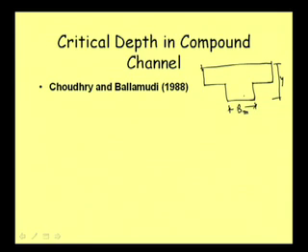And we always know that in a compound channel, when the depth of flow or the discharge is less, the flow will be flowing through the main channel. Flow concentration is always in the central part, and on the sides the flow velocity will be less.